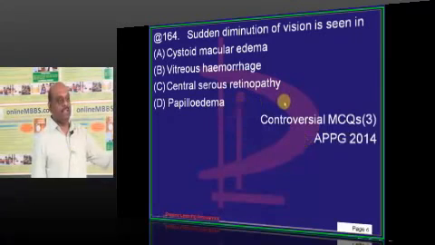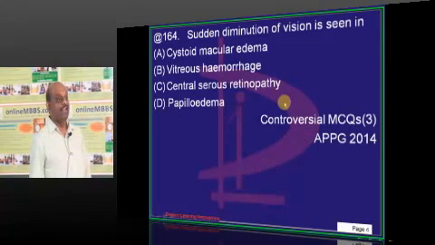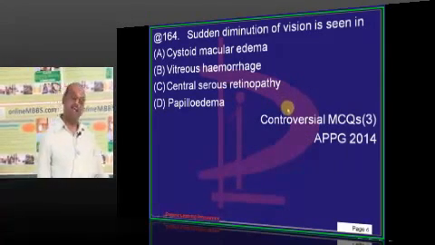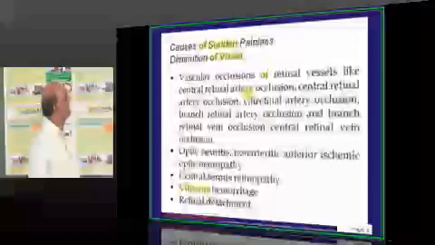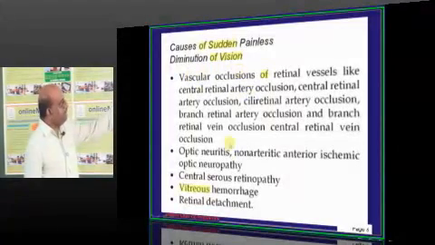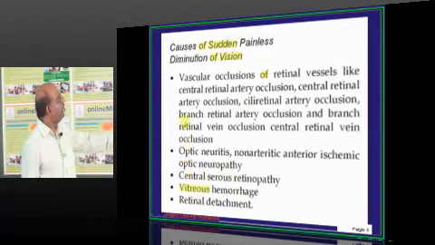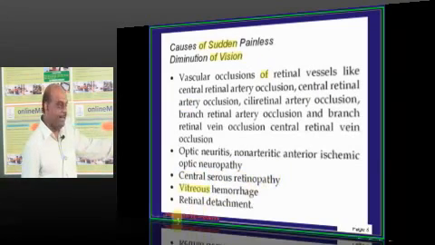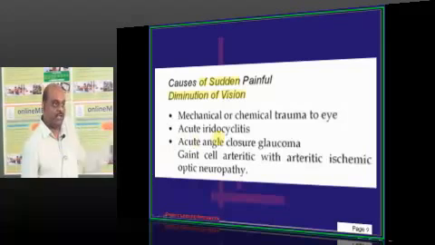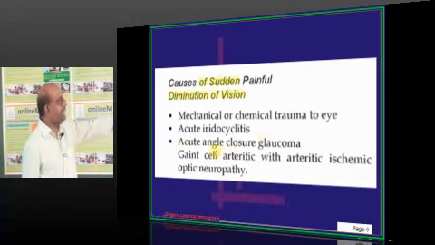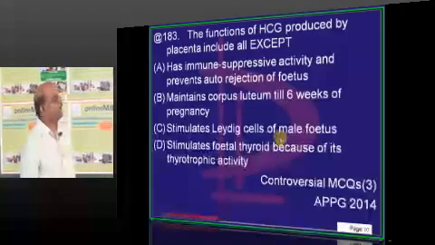Then sudden diminution. You all thought vitreous hemorrhage. But it's total blindness. It's not diminished. That's right. I'll come to the point. I prepared very well for the court of law today. Sudden painless diminution of vision: you have vascular occlusions, central serous retinopathy, vitreous hemorrhage. Sudden painful diminution: you have iridocyclitis and acute angle closure glaucoma.